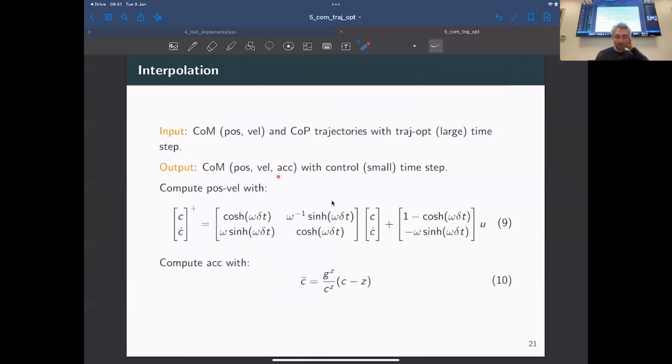Since we also need the acceleration in TSID, we can also compute the acceleration using the LIPM dynamics, which gives us acceleration as a function of the position and the velocity, because using the discrete time dynamics, acceleration is not computed automatically. We just compute position and velocities. The acceleration is bypassed.